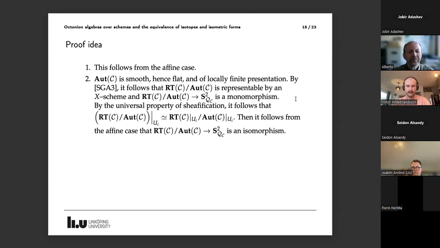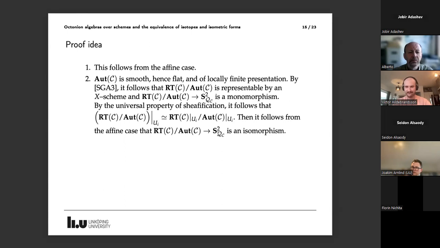So what we then want to show is that restricting this morphism, we come to the affine case, which again is proved by Seidon and Philippe. So what we then have to show is that the restriction of this quotient is again the quotient of the restrictions.